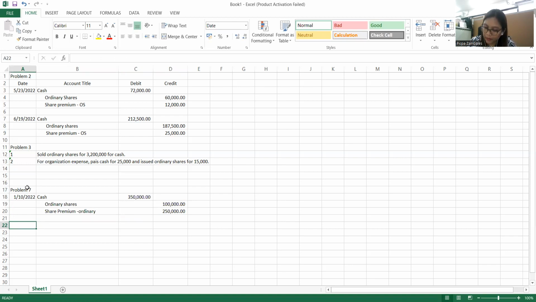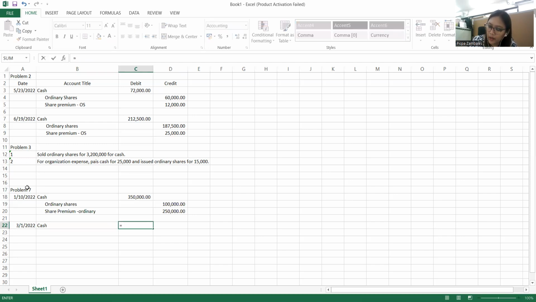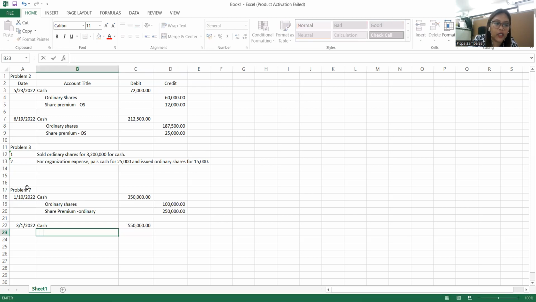Okay, next. March 1. On March 1, the corporation issued 10,000 preference shares for cash at 55 per share. So all we need to do is to record it as cash, no? It's for cash, so it's cash for 10,000 preference shares multiplied by 55. So it's 550,000.